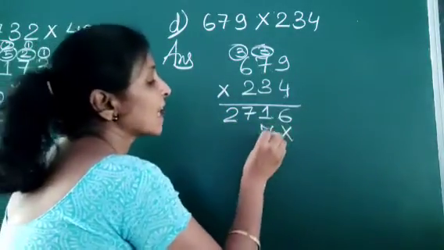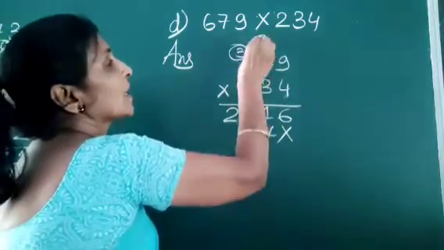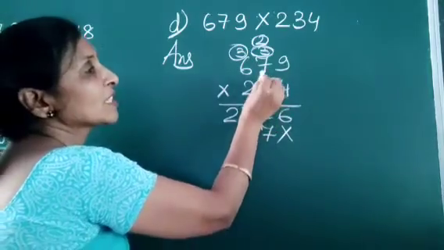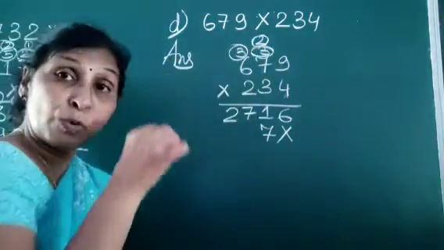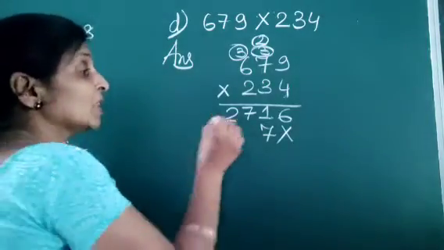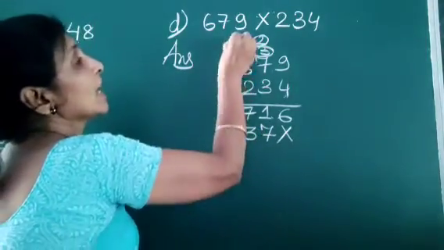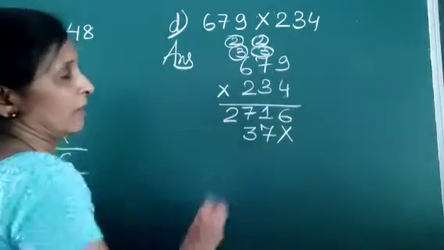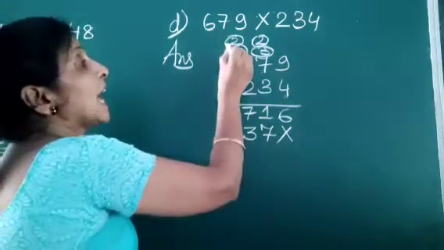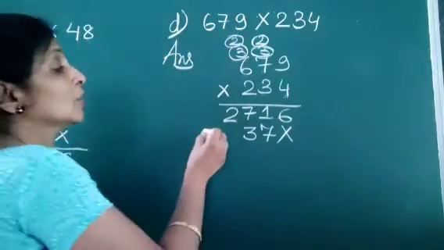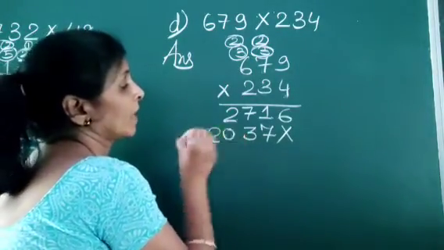We write 7 and put 2 carry over here. Then 3 7s are 21 and add 2 in that, 23. We write 3 and put 2 carry over here. Then 3 6s are 18. 18 add 2 in that, 20.